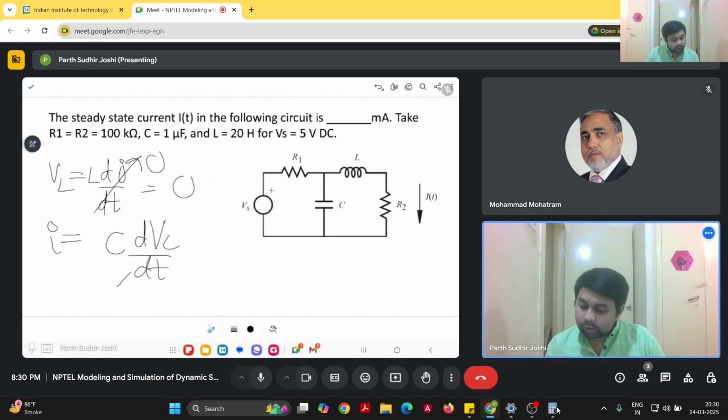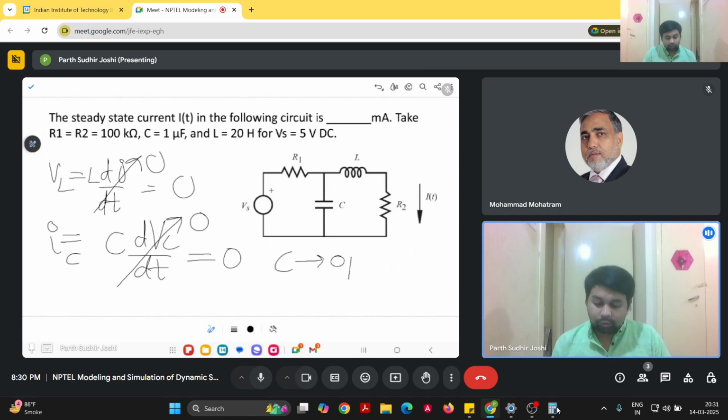At steady state, this d by dt of the potential difference will become 0, so the current through the capacitor will become 0. Therefore, the capacitor will behave like an open circuit, and the inductor will behave like a short circuit.